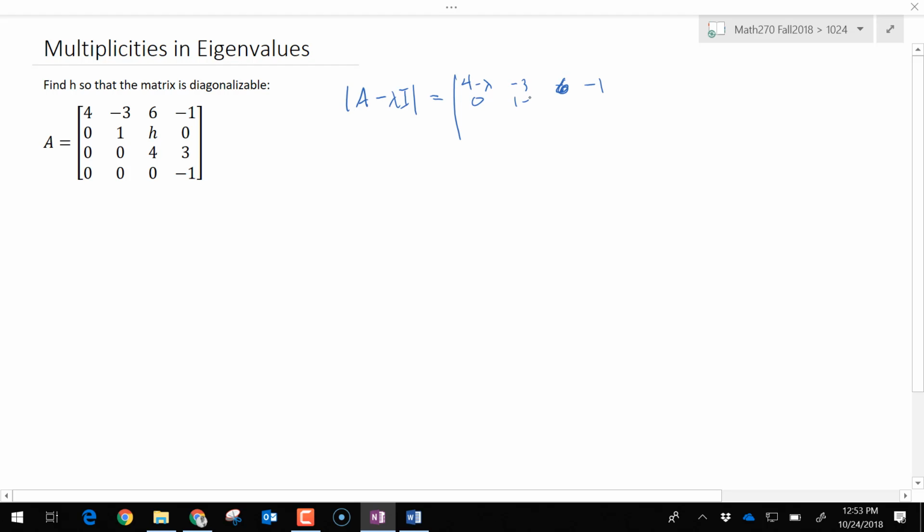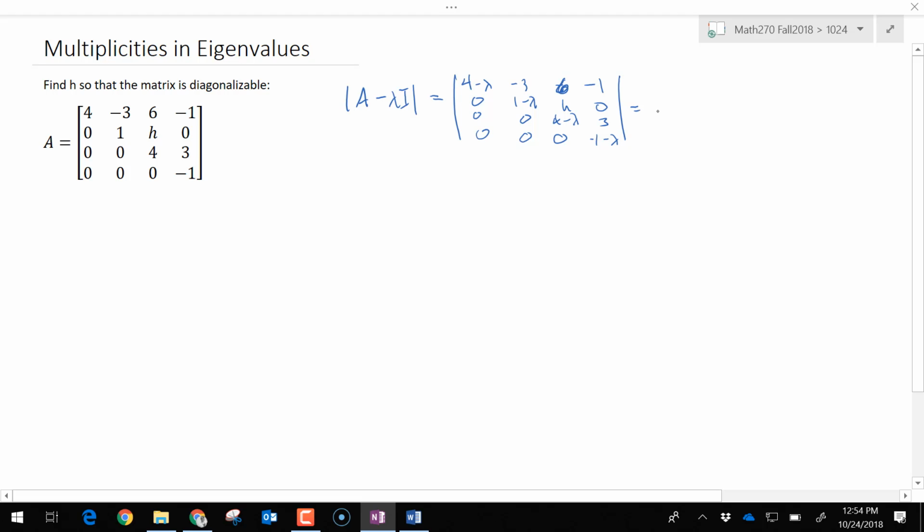If you take a look at the product of the diagonals, that's the determinant for an upper triangular or any triangular matrix.